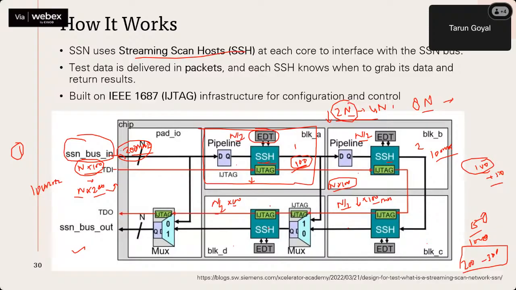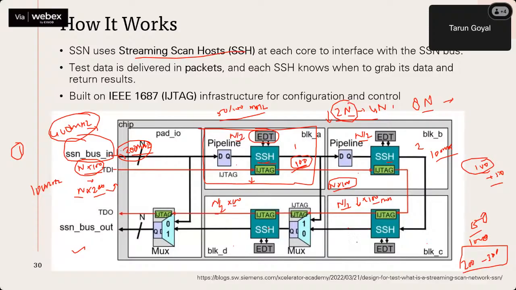Now the industry is bringing around 400 megahertz easily at the scan input from outside, but internally they hardly run at 50 to 100 megahertz. So they are not penalizing the local cores. They are consuming the data faster and distributing it to more and more parallel cores running concurrently.